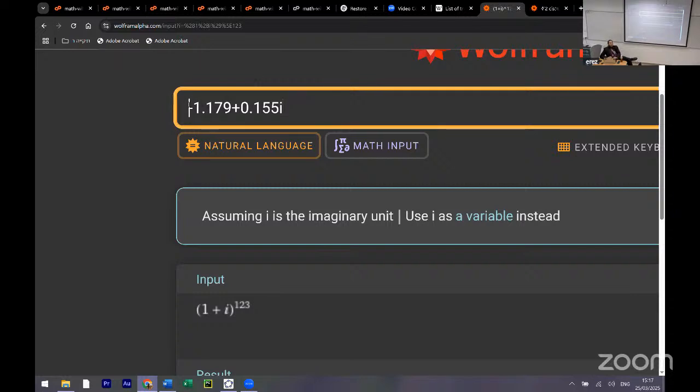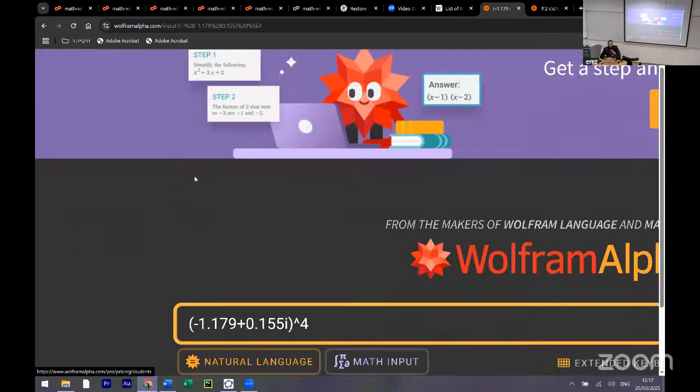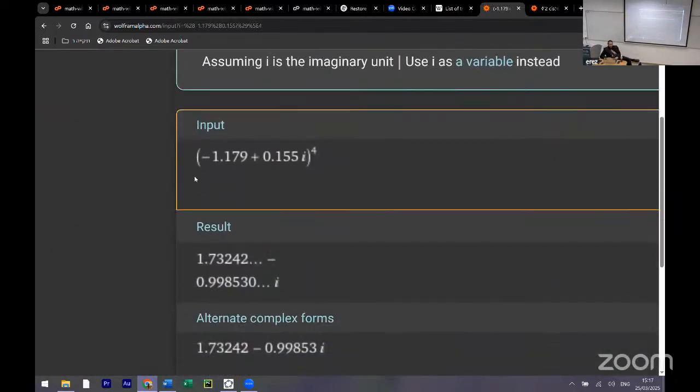And supposedly, if I take this to the power of 4, what do you expect us to obtain? Radical 3 plus i. Yes, to the power of 4, let's ask it. It won't be perfect.